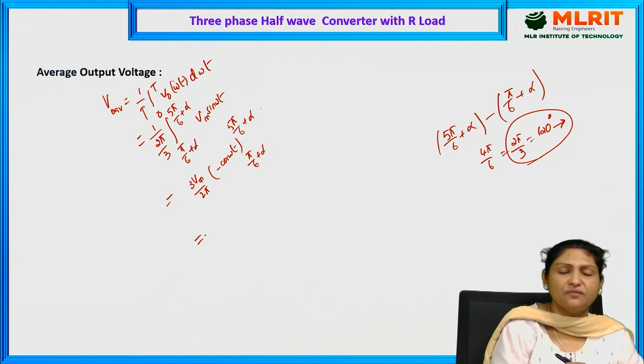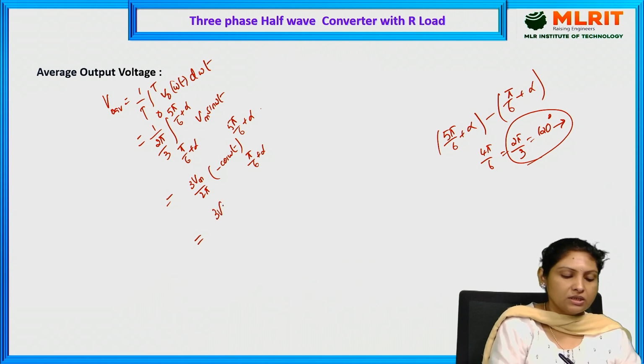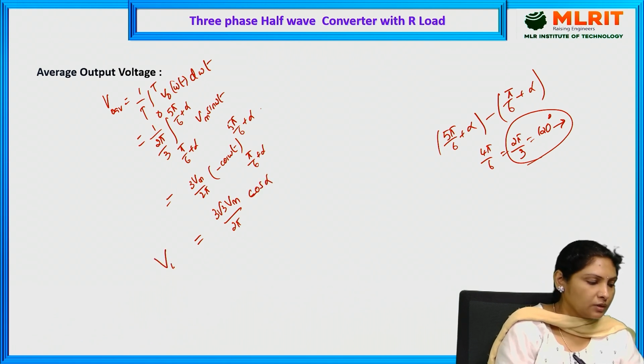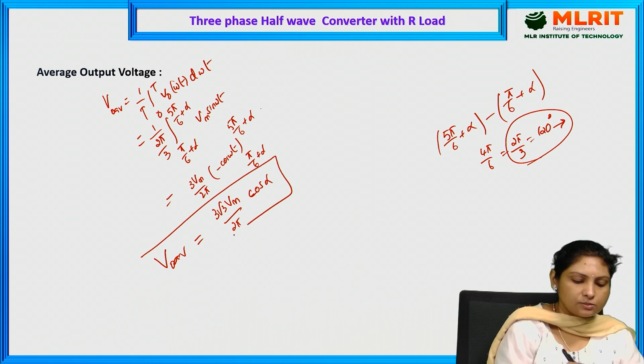If you simplify this, we get 3 root 3 Vm by 2 pi cos alpha. So this is your V0 average expression.